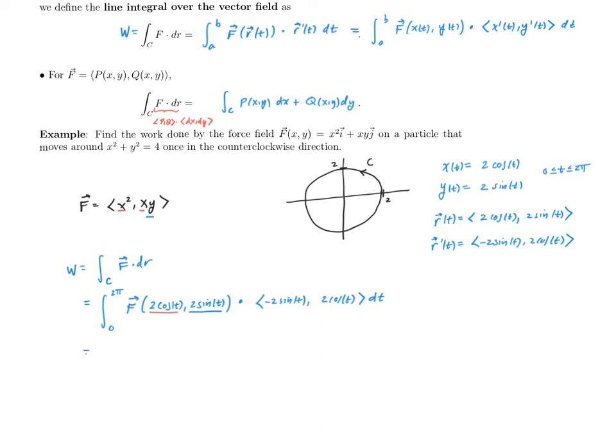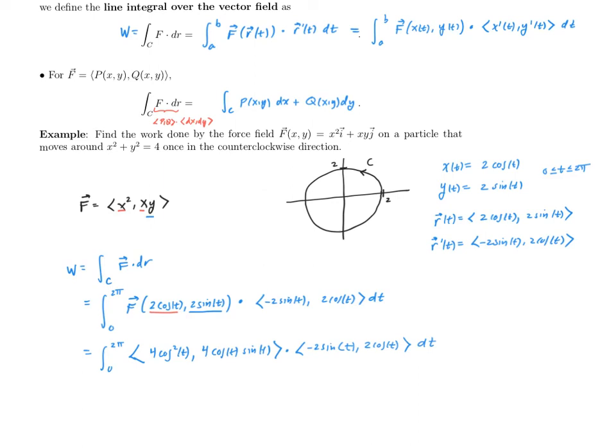When we do that, we would have the definite integral from 0 to 2 pi. We have a vector given by x squared, so 4 cosine squared. The second entry is x times y, so 2 cosine times 2 sine. Dot it with the r prime of t above. And I would refer to this as being the new part of the problem.